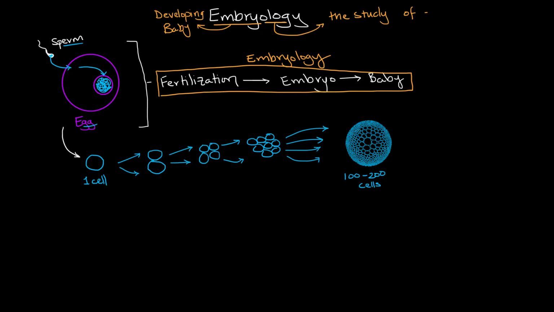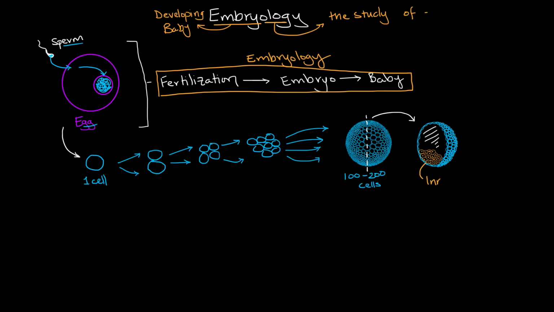But this ball of cells isn't solid. It's kind of empty on the inside, or at least partially empty. If we were to take a knife and cut this open, on the inside it would be a little empty. There would be this empty space on the inside. And you'd see 2 different types of cells. On the inside there would be this little mound, this little cluster of cells.